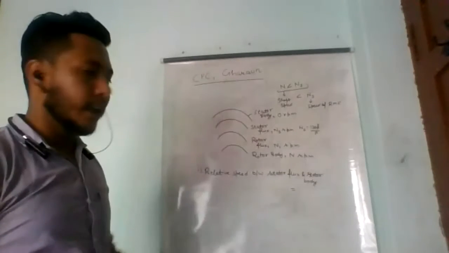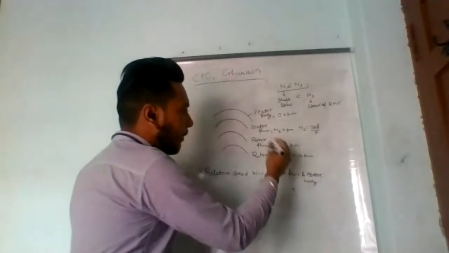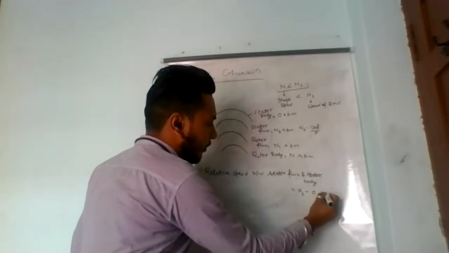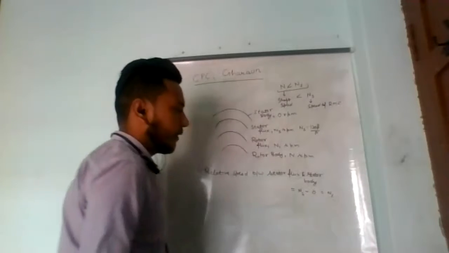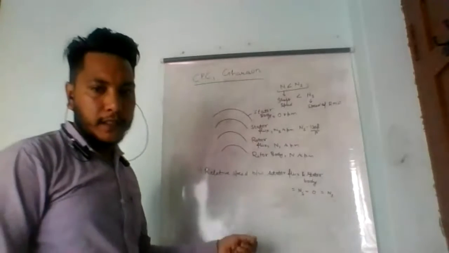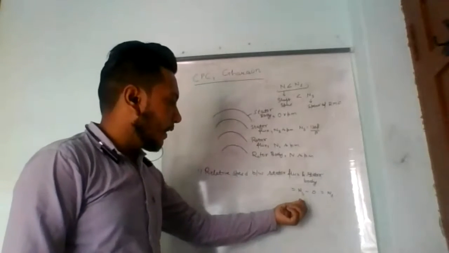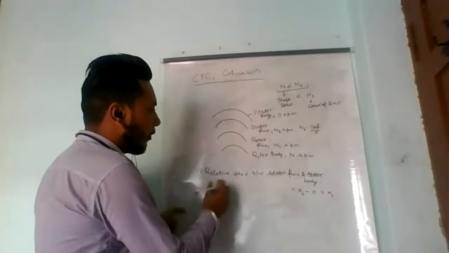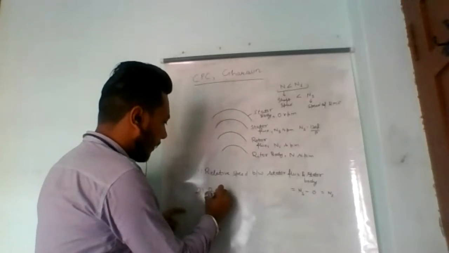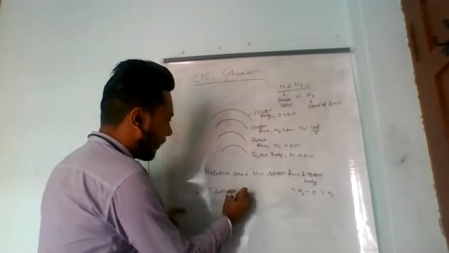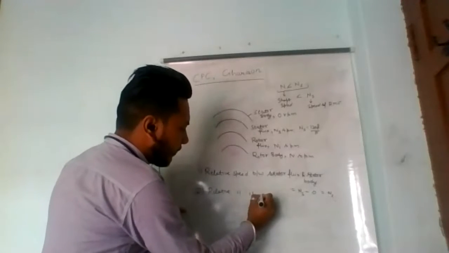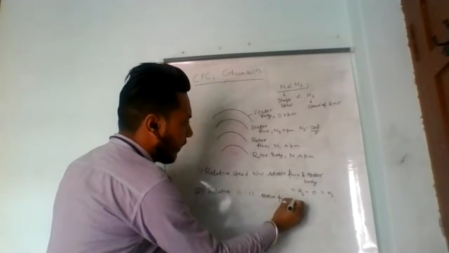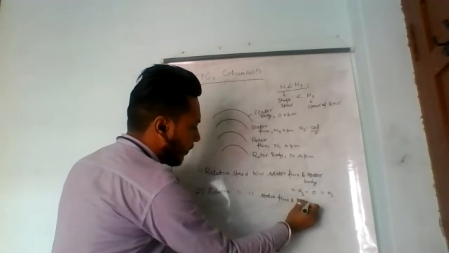How can we calculate it? The relative speed is nothing but ns minus 0. Relative speed between the stator flux and the stator body is ns minus 0, that is equal to ns.